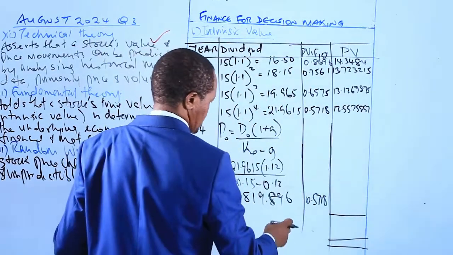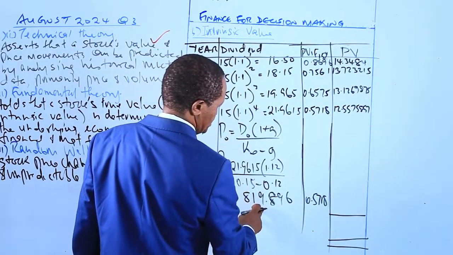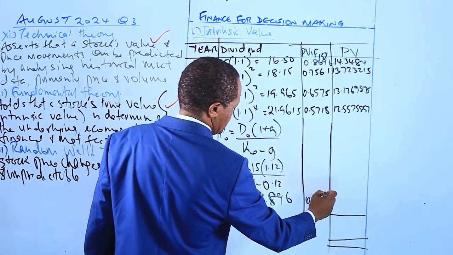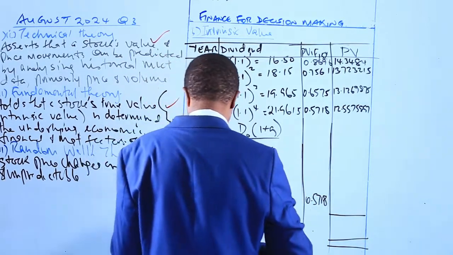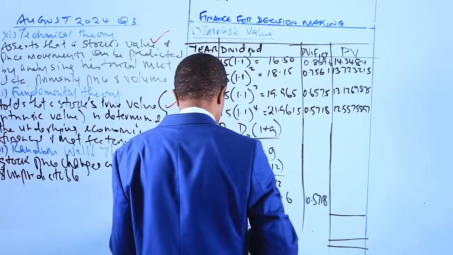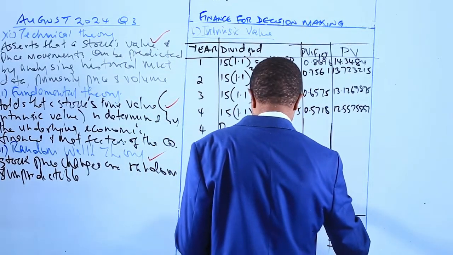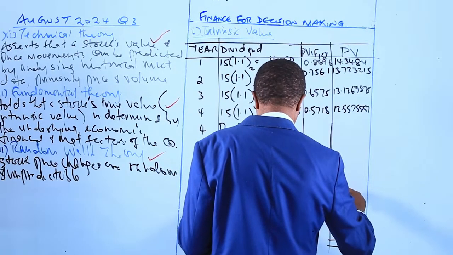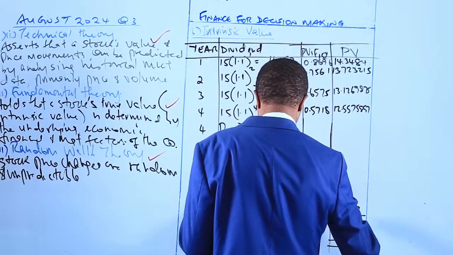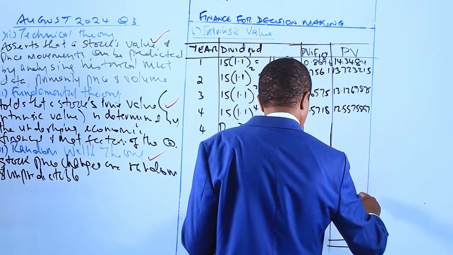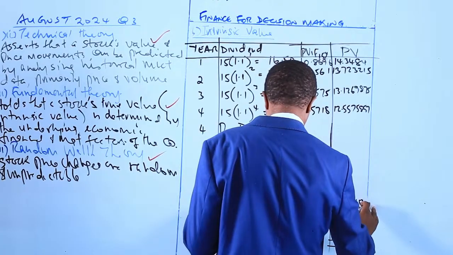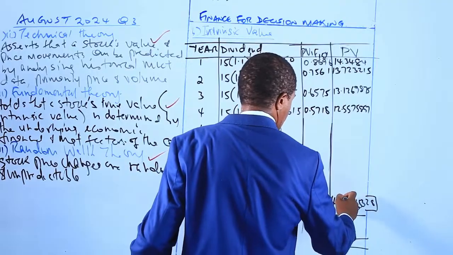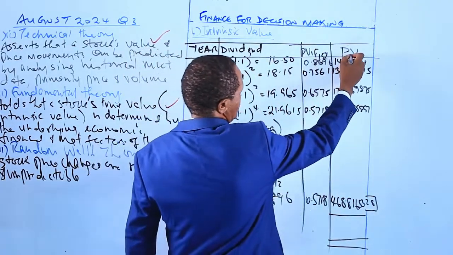Then lastly we multiply 819.896 times 0.5718. This gives me 468.8... 5328.